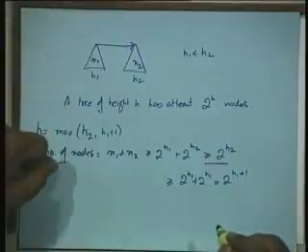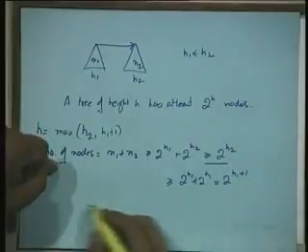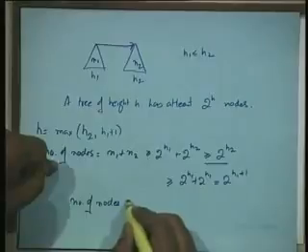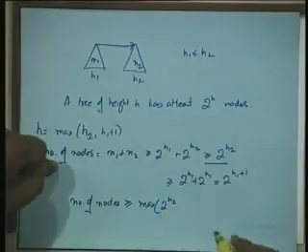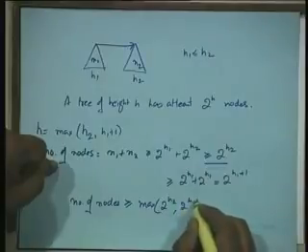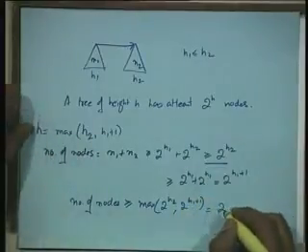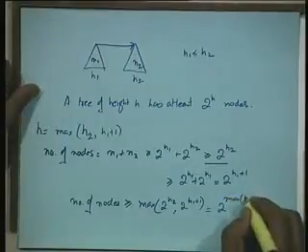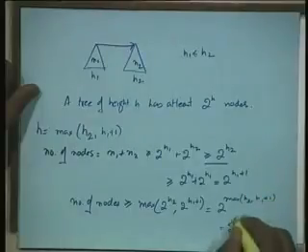So the number of nodes is greater than or equal to the max of 2 to the h2 comma 2 to the h1 plus 1. I can also write it as 2 to the max of h2 comma h1 plus 1, which is 2 to the h.